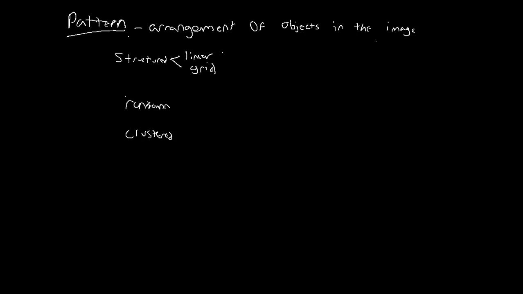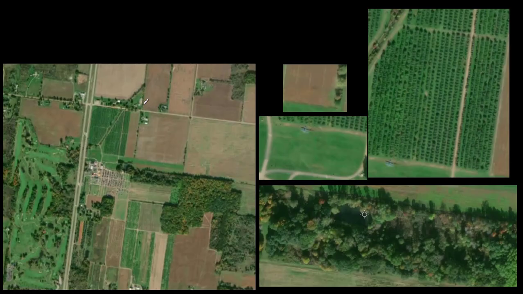What I want to do is go through an example image. This on the left is part of an image, and I want to look at three or four different areas to show you what I mean when I say pattern. I want to look at this area right here, which is this image here.